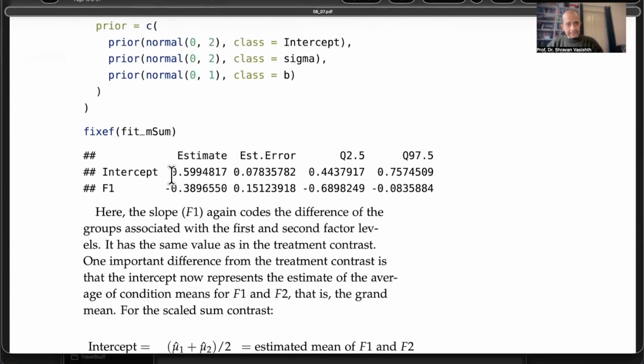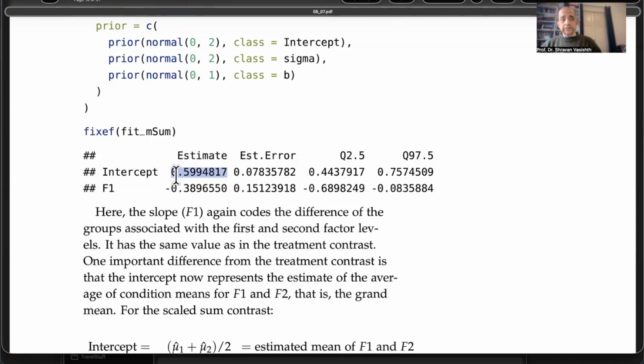This grand mean that is represented in the sum contrast in the intercept, the estimate of the grand mean that you're getting, will represent the mean of the two conditions only when the data are balanced, if you don't have any missing data. In real life, that is rarely the case, okay?